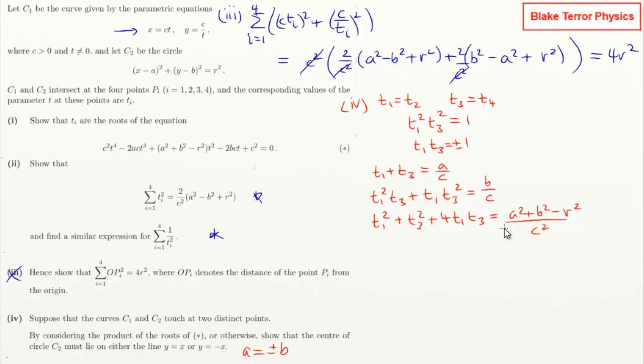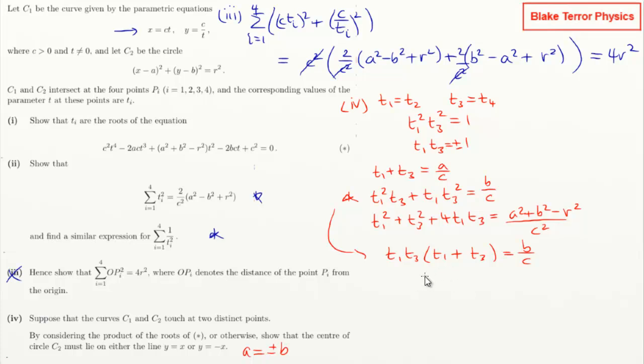So now I need stuff with just a's and b's in. So how am I going to go about doing that? This one factorizes, so let's rewrite that as t1 t3 times (t1 plus t3) is b over c. Here we go. So that is b over c, and t1 plus t3 is a over c.